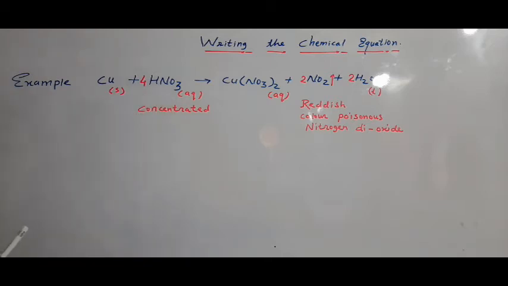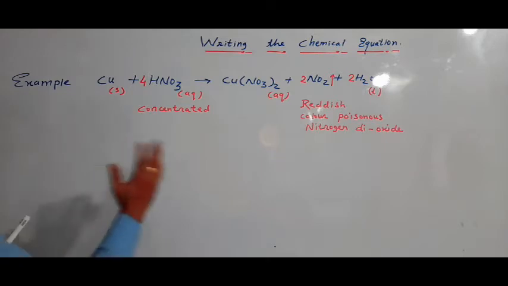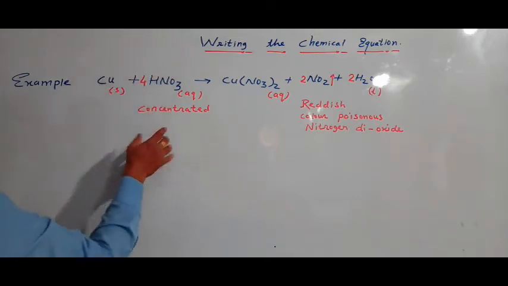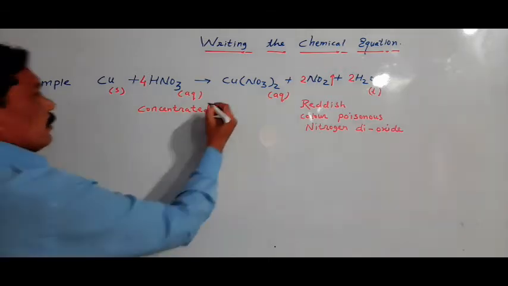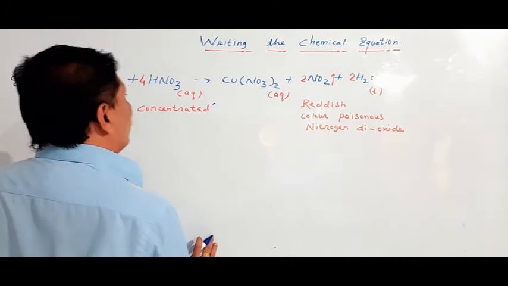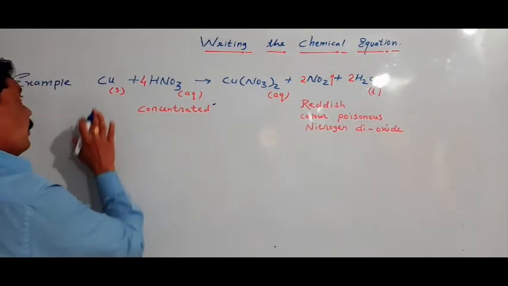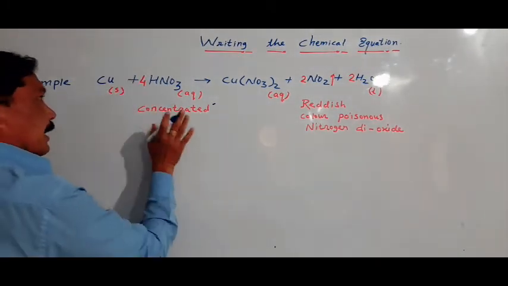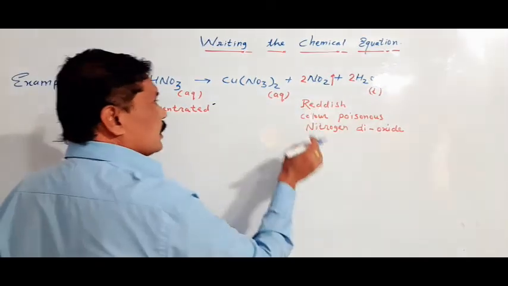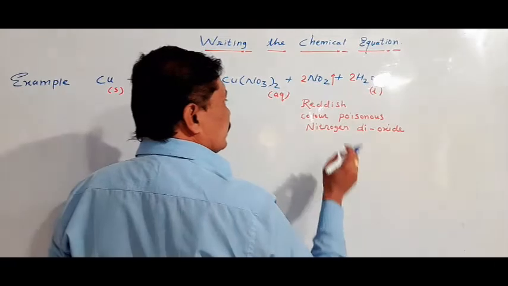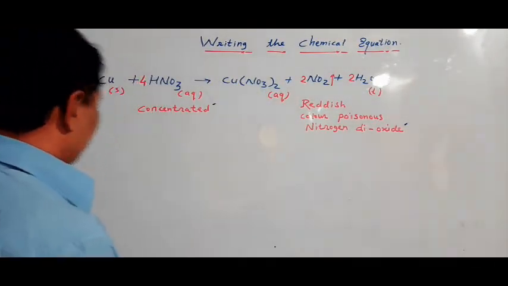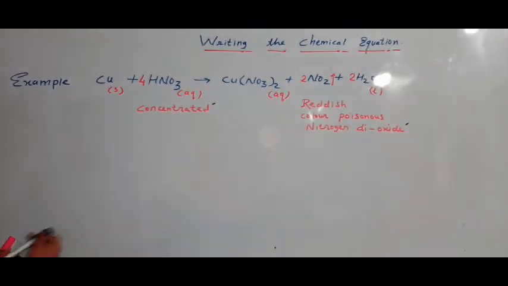In this reaction, we have extra information that nitric acid is in concentrated form. So we have mentioned it in a chemical equation. When copper react with nitric acid, we get reddish color poisonous nitrogen dioxide gas. One more reaction we are going to consider.